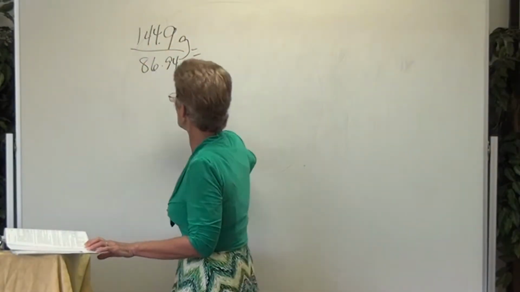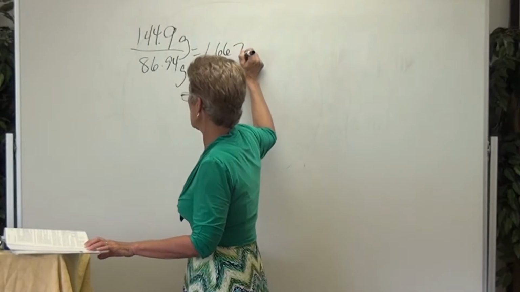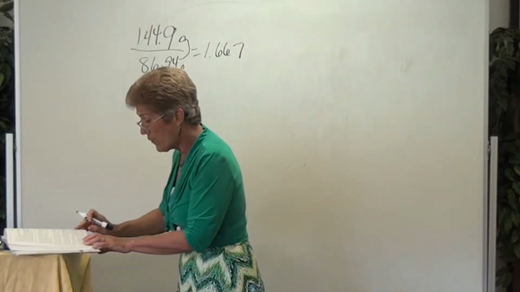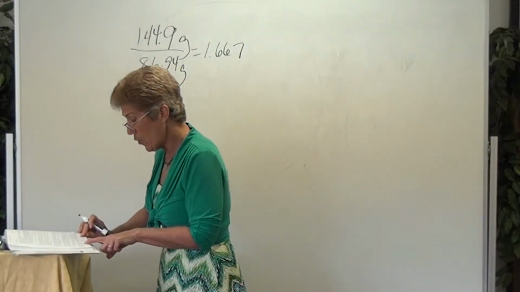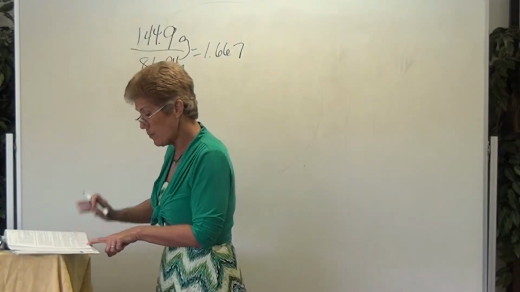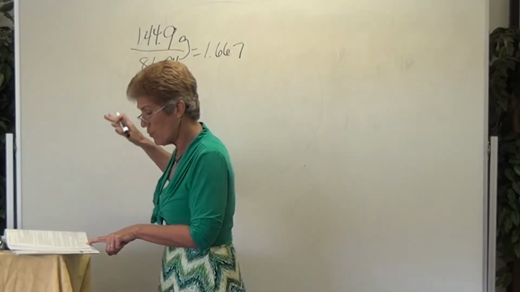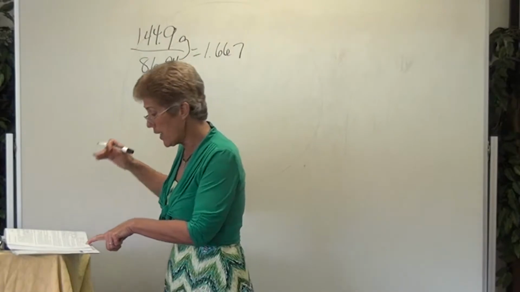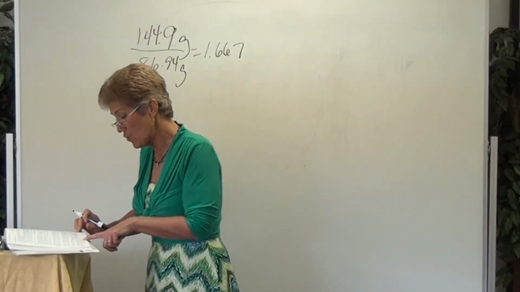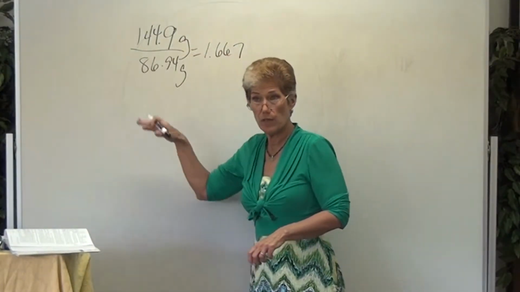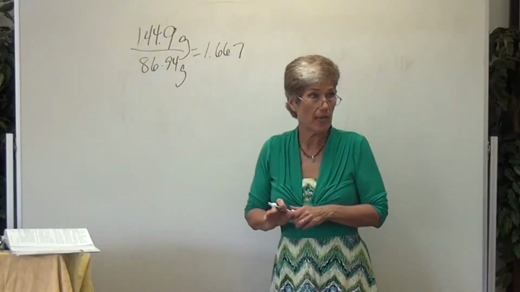That's going to give you 1.667. So if you take the original mass of manganese and multiply it by that, it will give you the mass you need. And if you take the original amount of oxygen and multiply it by that, it will give you the amount of oxygen you need to come up with the new batch.